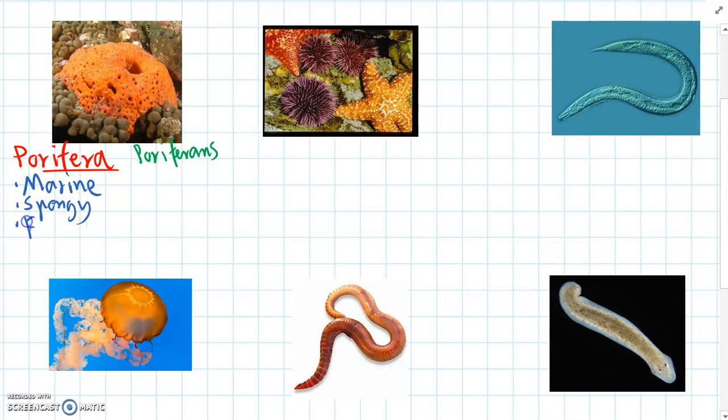They're what's called a filter feeder, because they sit on a rock or on the bottom of the sea, and they let the water flow through their body, and they filter out the food and the nutrients so they can eat it. And the most common animals in this group are the sponges.